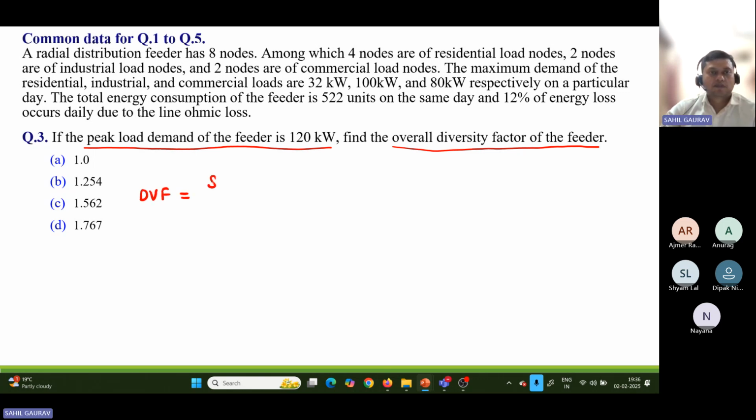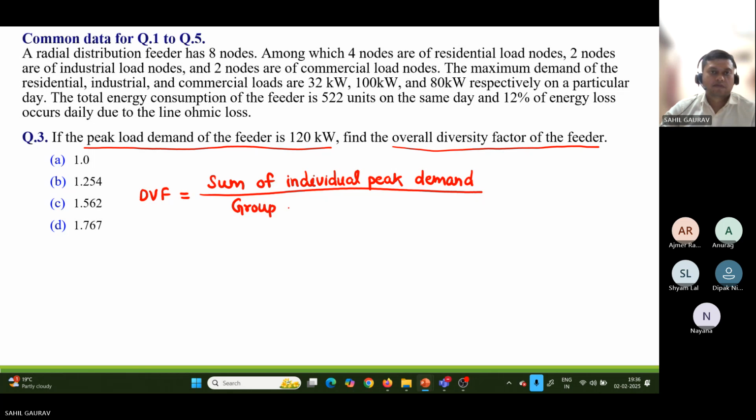Diversity factor is the ratio of sum of individual peak demand upon group peak demand.